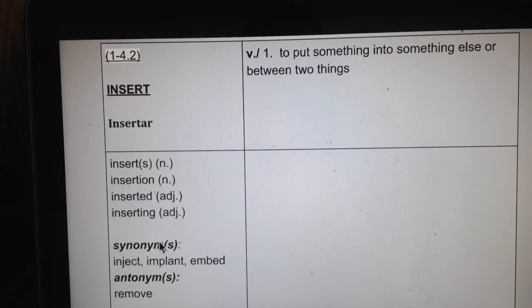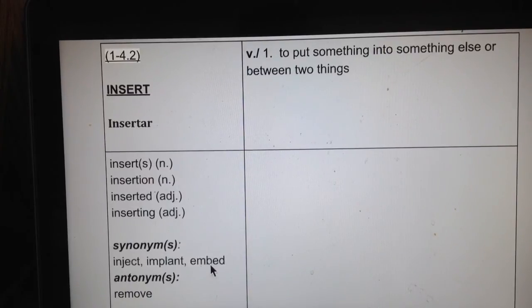Some synonyms are inject, which is often used in medicine. Implant, which is often used for biology, but also in other forms. You can also talk about a spy. You know, we're going to implant a spy into the Russian government.